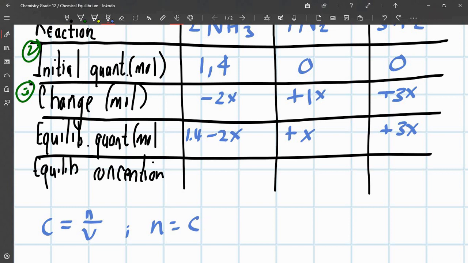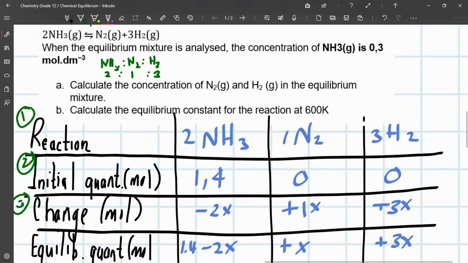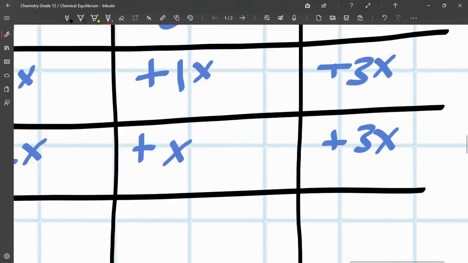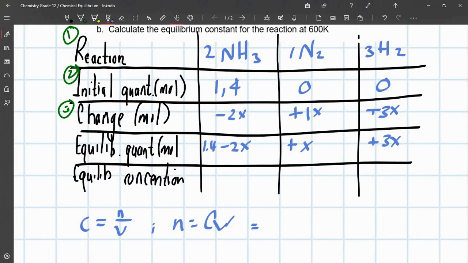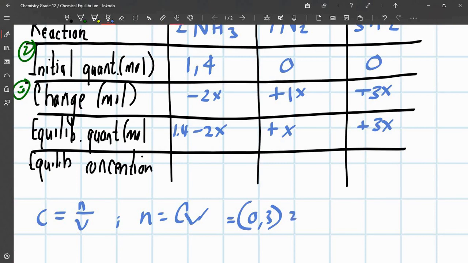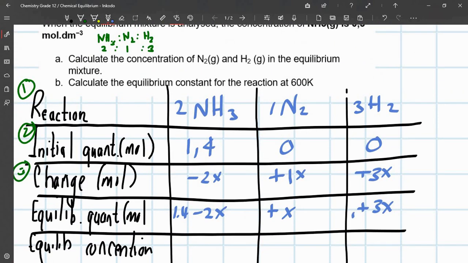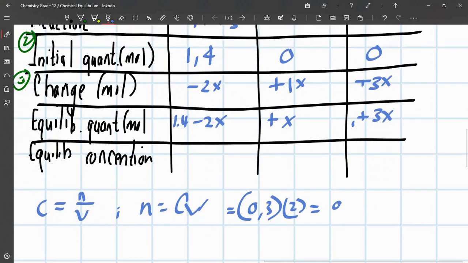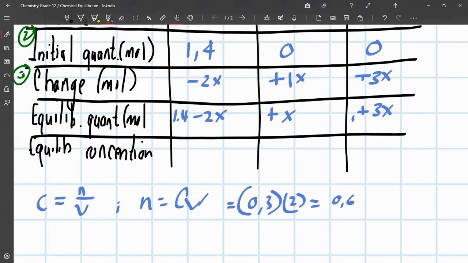So we know the concentration was given as 0.3, and the volume of the vessel is 2. So this is equal to 0.6 mole.